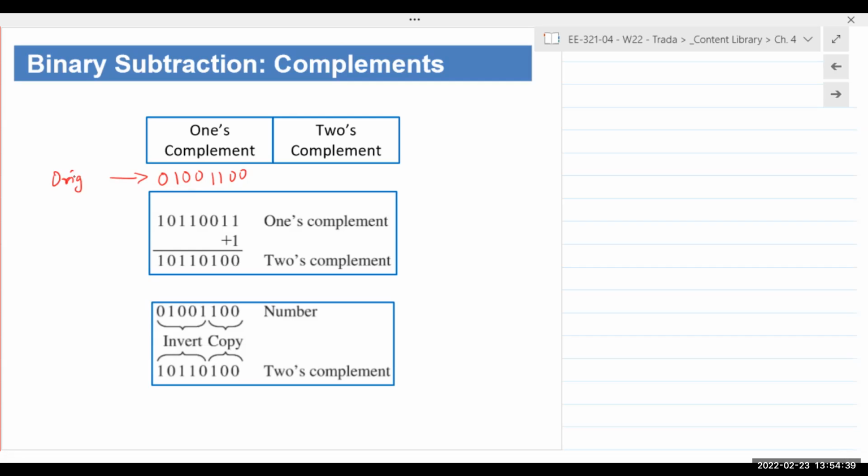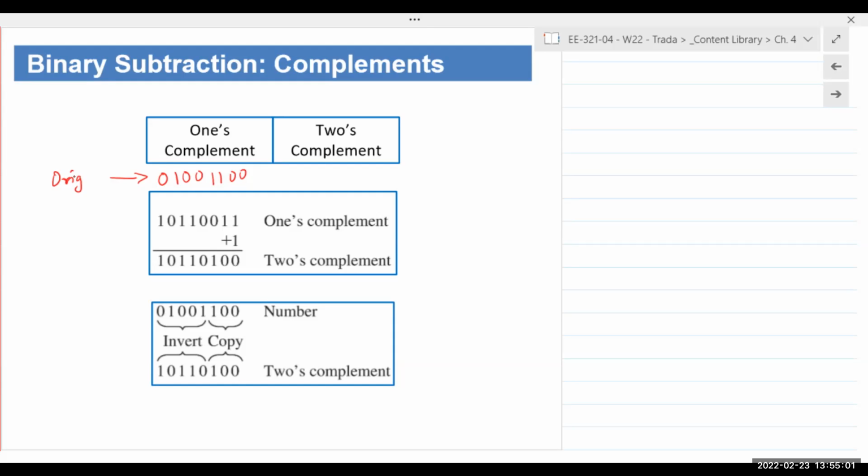But the reason why it's very useful is because when you perform a twos complement, you take the ones complement and you add 1 to the least significant bit. And that resulting answer is the twos complement.